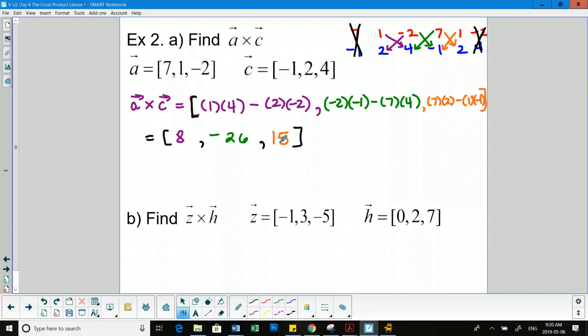Okay, how can I double check that this vector is in fact perpendicular to both A and C? Dot product. Right. So if I want to do a check, dot your normal vector with A, there's no B here, and see if it gives you 0.